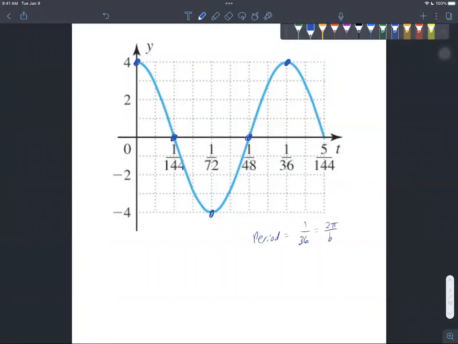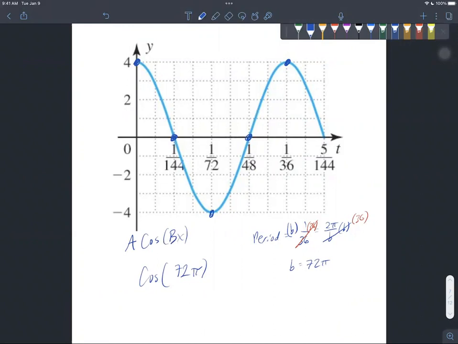And so the value of b, if we multiply by b on both sides, and multiply by 36 on both sides as well to cancel out this 36 on the left-hand side, b is equal to 72 pi. So far my function is cosine of 72 pi. And I believe all of the answers in the worksheet, we're just looking for the amplitude and the value of b. So we have b equals 72 pi.